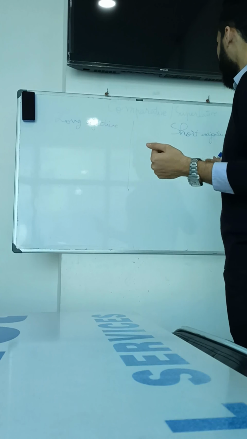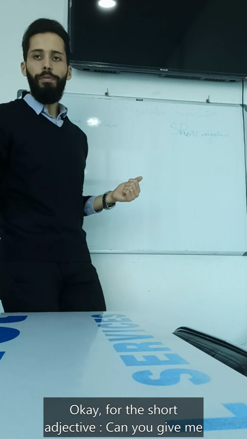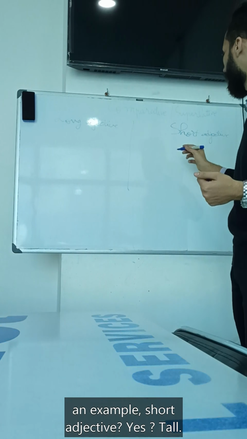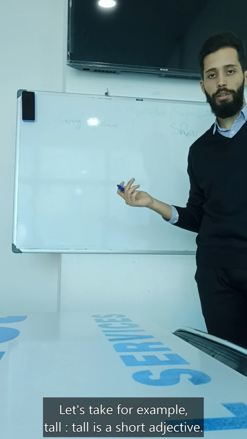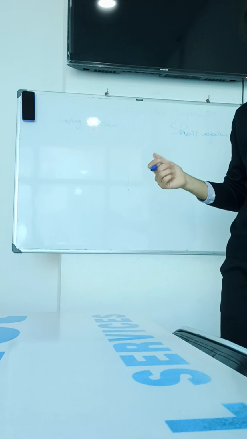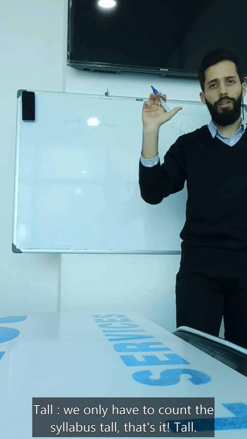Let's continue. Okay, for the short adjective, can you give me an example? Short adjective, yes. Tall, yes. Let's take for example, tall. Tall is a short adjective. How do we know if it's a short or long adjective? We only have to count the syllables. Tall, that's it.